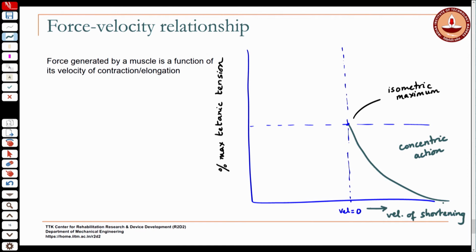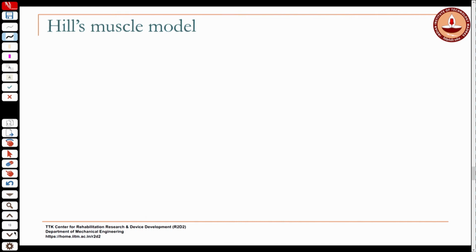Why is that so? As you increase the velocity of shortening, you do not have enough good cross bridges formed for it to sustain a larger force, compared to when it is slower, when the velocity of muscle action is at the isometric level.